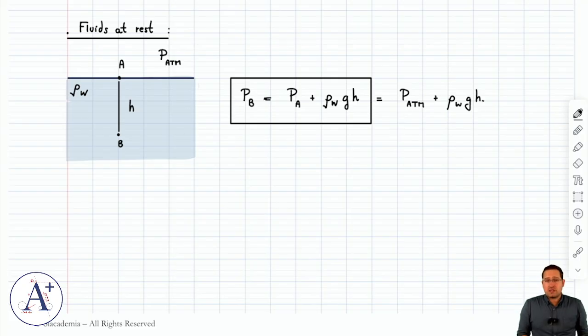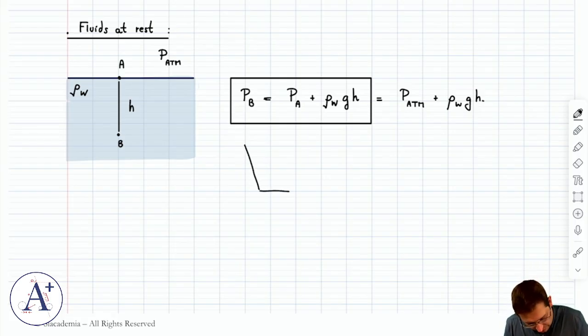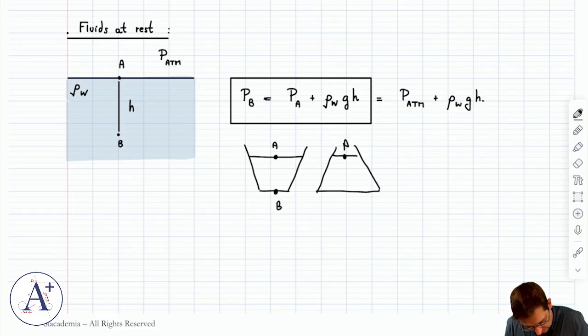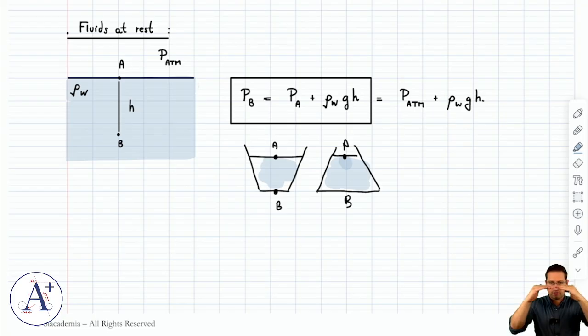Okay, so what's interesting is that it only depends on the depth. It does not depend on the shape of, let's say, the container, right? If you had a vase like this, with point A and point B like this, or one like this with point A here and point B here, the pressure at point B in both cases, if you fill this with the same amount of water in terms of height, so you level out the heights, is the same pressure at point B. Point B does not care about the shape of the container, right?